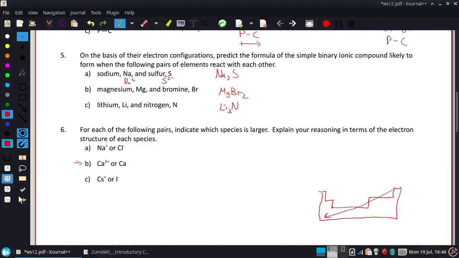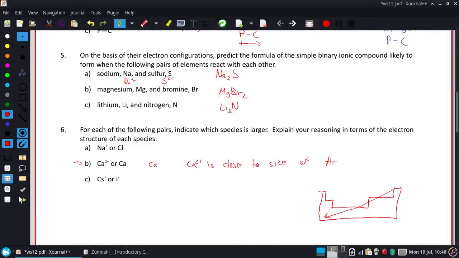So this wants to know which species is larger. Ca is the larger one, and that's because Ca2+ is closer to the size of the noble gas it would be as a 2+, so it's going to be closer to the size of argon.